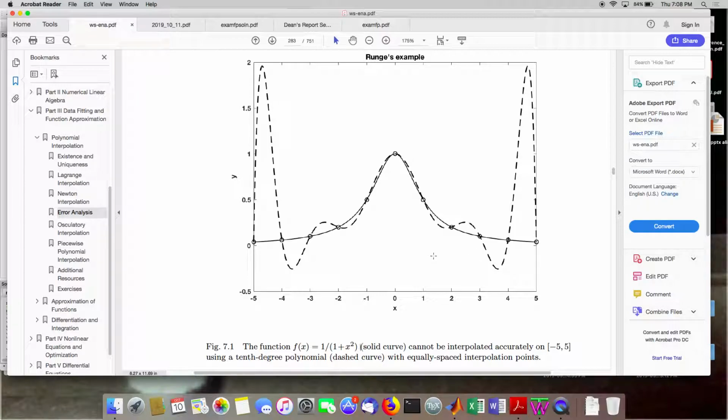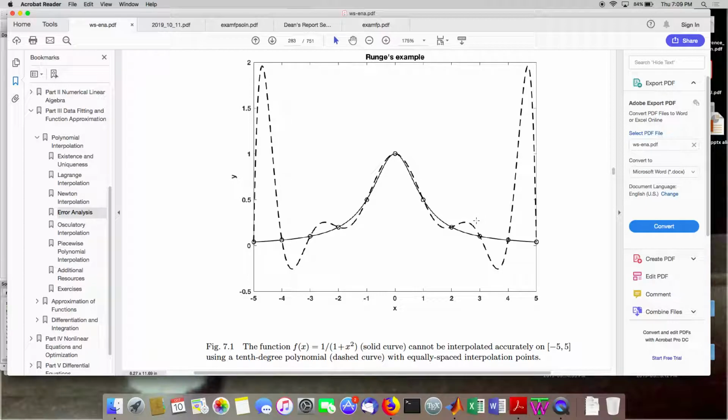Having that many roots naturally leads to oscillatory character in the graph. So if you have a function that behaves very smoothly, like 1 over 1 plus x squared, something that looks like a bell curve, a high degree polynomial's graph would look nothing like that. You want to use functions that have the same kind of behavior in their graphs as the function you're trying to approximate. So a lower degree polynomial would actually do a better job, at least if you're going to insist on equally spaced points.